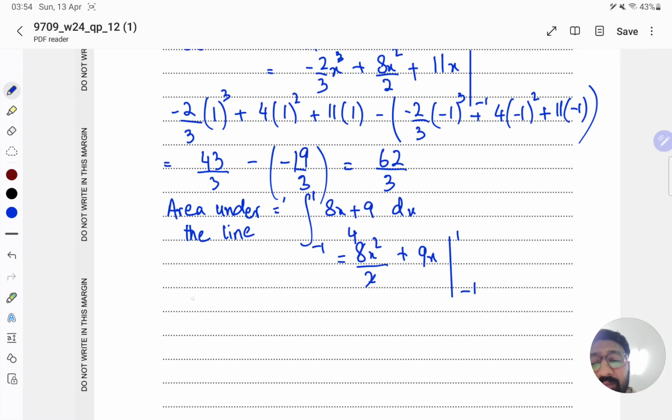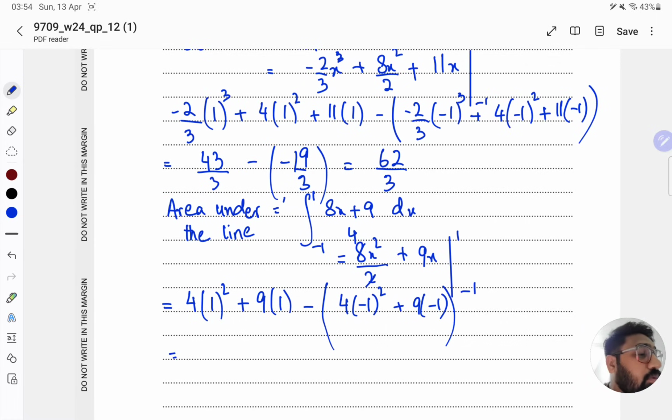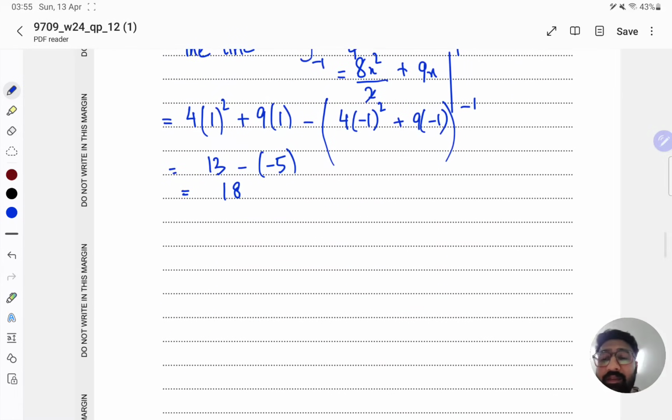So we first substitute 1 over here, so 4 plus 9 times 1, minus the lower limit, which will be 4 times minus 1 squared plus 9 times minus 1. If I simplify, it will be 4 plus 9, which is 13, minus 4 minus 9, which is minus 5. So 13 plus 5 is 18, and area of the unit square.